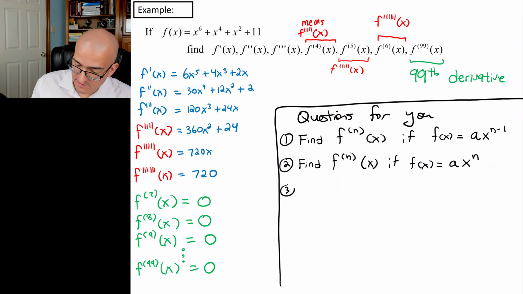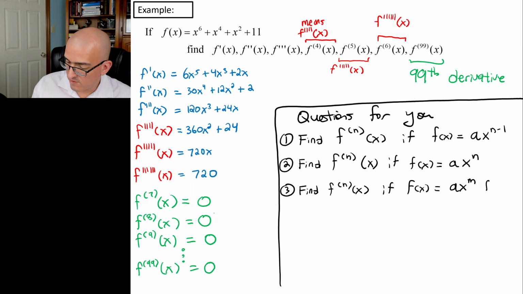Part 3, find the nth derivative of x if f of x is a times x to the m for m larger than n. And I'll do the last one. So solution for 3.